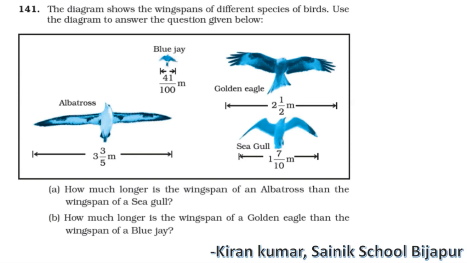There are two sub questions given here. How much longer is wingspan of an albatross than the wingspan of a seagull? The second sub question is, how much longer is wingspan of golden eagle than the wingspan of blue jay? Let's answer them one by one.